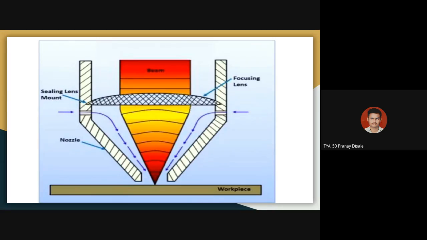So the high energy density can be achieved by using this laser, and this amount of energy can be used.